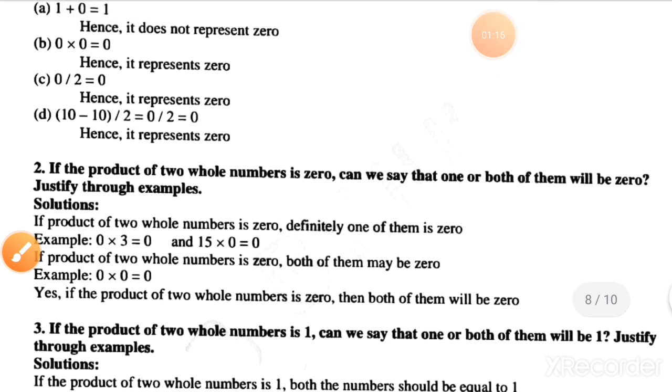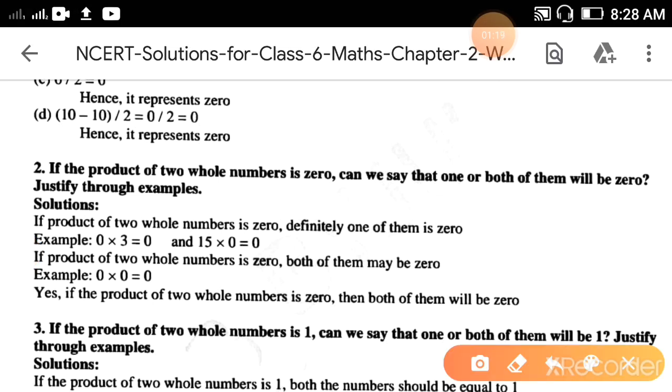Second one: if the product of two whole numbers is 0, can we say that one or both of them will be 0? Justify through examples. Product of two whole numbers is 0. So here is multiplication, here one whole number, here another, and their product is 0.